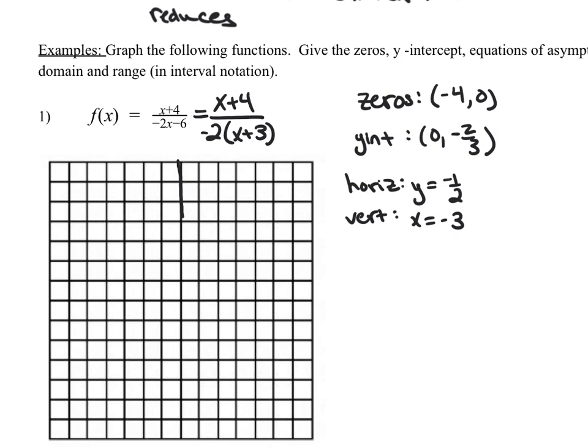Make this a little bit thicker so that we can really see our axes. Because our y-intercept is so close to our horizontal asymptote, -1/2 and -2/3, I'm going to zoom in a little bit.